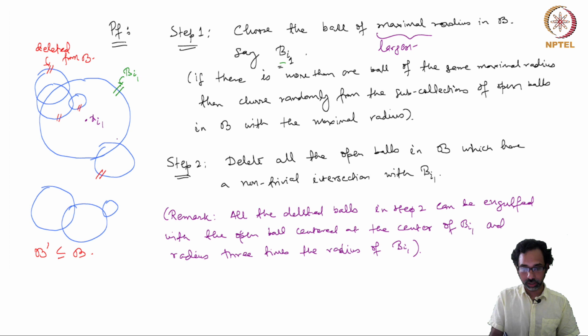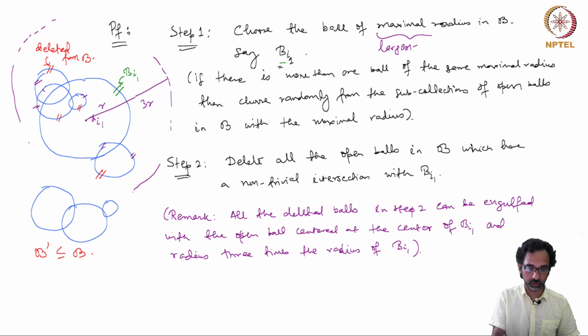In fact, the same argument applies for any finite number of open balls, so all these deleted balls, this one, this one, this one and this one, are engulfed by another big ball which has radius thrice the radius of B_i1. So if this is R, this is 3R, and you can engulf all these balls with the bigger ball.